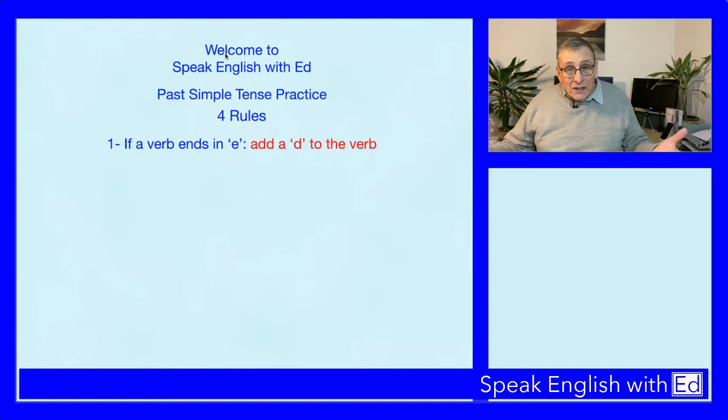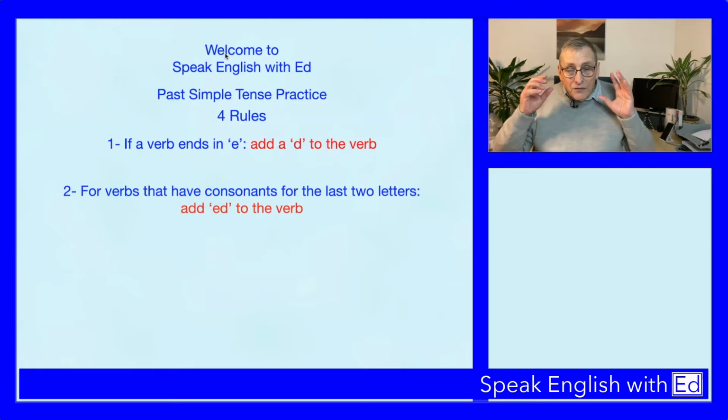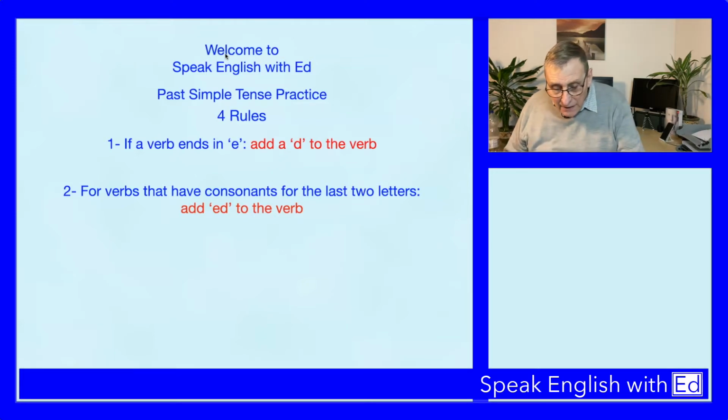You add a D if the last letter of the root verb is E. Now, the second rule is if the last 2 letters of the verb are both consonants, then you add ed. 2 consonants, you add ed.